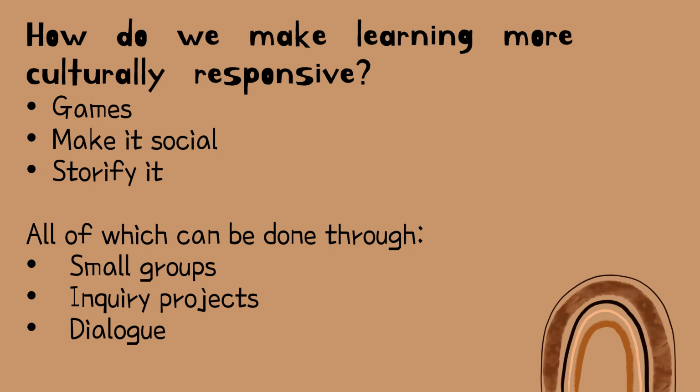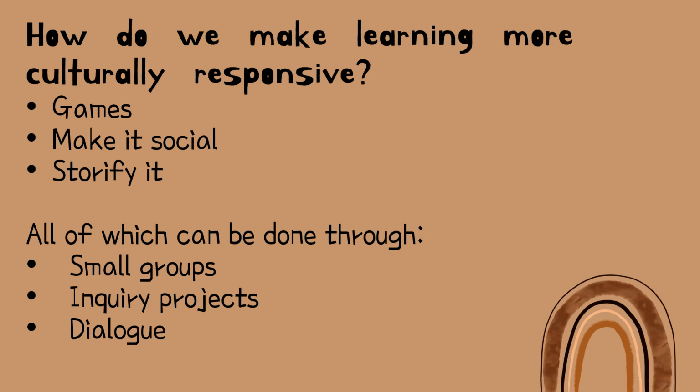This can be done in small groups, projects, collaborating, or just dialogue and class discussion. By making it social, you're mixing up what students would conform to. And with this, you can also make things competitive. It's a great way to increase students' attention and engagement levels.